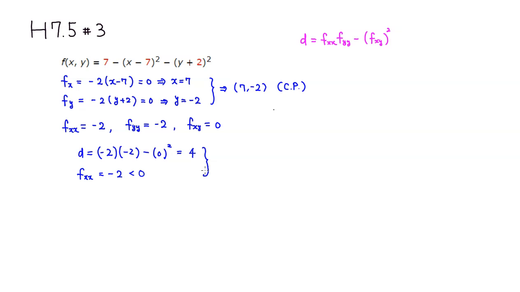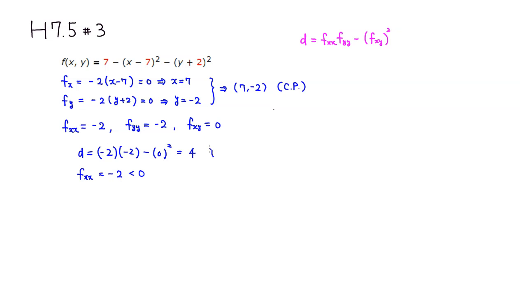D being positive tells you that you're going to have a cup shape, either facing up or facing down. If you look at the second partial, it is negative, so it's going to be facing down.